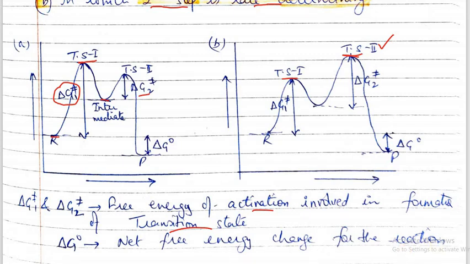So this is all about the various energy profile diagrams which we will generally study in organic reactions. So we have done all the energy profile diagrams which we will be using in the various reactions, or we have done already in the various reactions. So it's all about the energy profile diagrams.